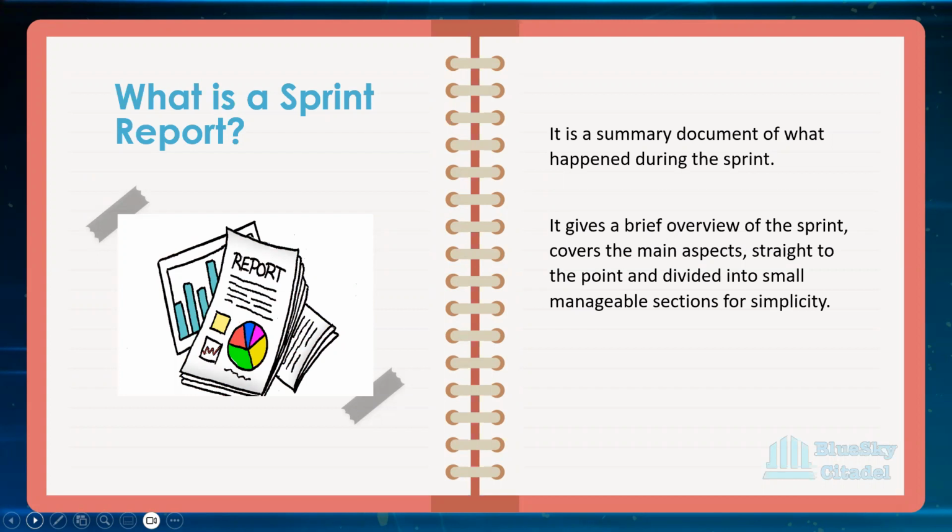It is divided into small manageable sections for simplicity, so that your audience are not bored and it is not too cumbersome for them, because they just want a brief report. They just want to see highlights of what it's all about, but it has to give meaningful information to them.